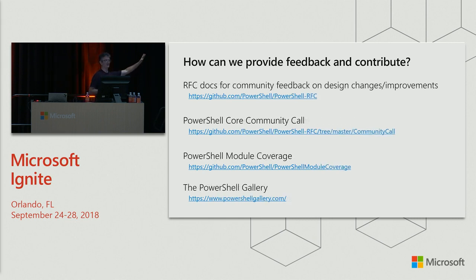You can also participate with the call for comments documentation when they discuss new design moments, or join us for the PowerShell Core community call. The ICS file is provided at that link so that you can join the call. If you try Windows PowerShell modules and they're not working, you have module coverage here for feedback. And please contribute to PowerShell Gallery with your work.